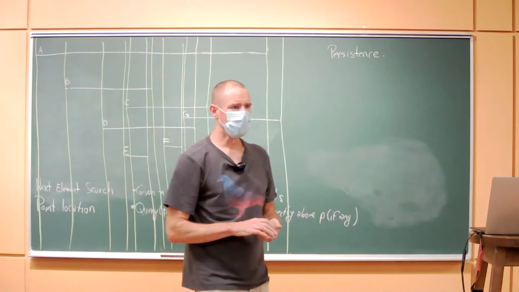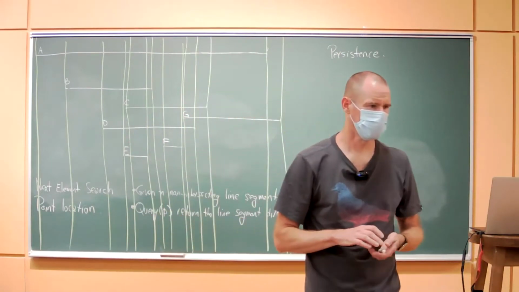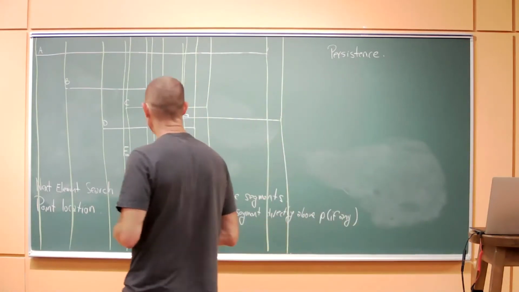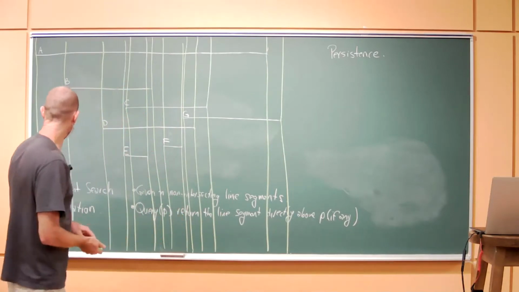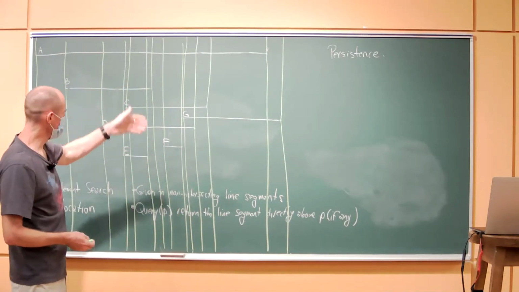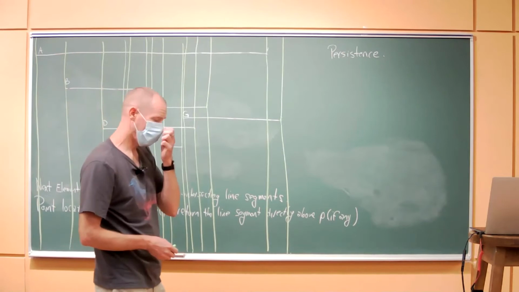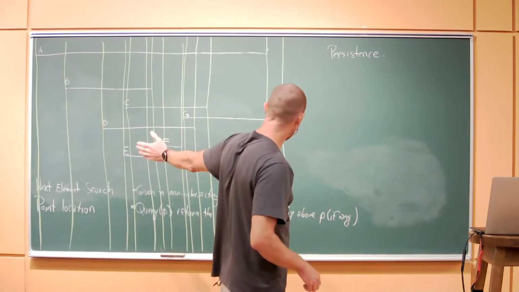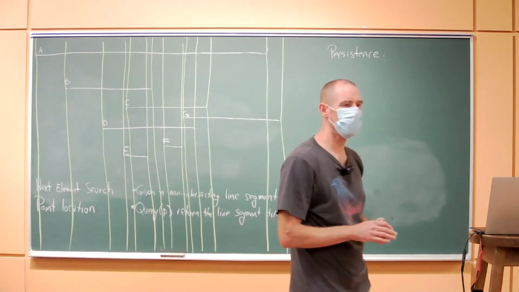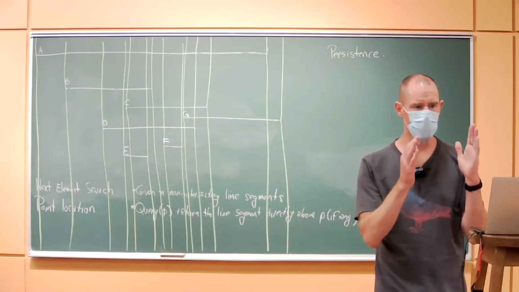So once I've done that, I have a funny looking picture: these vertical lines that I've drawn now split my board, or the plane, into vertical strips.